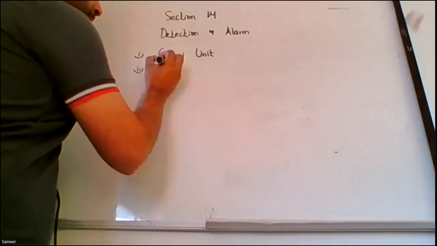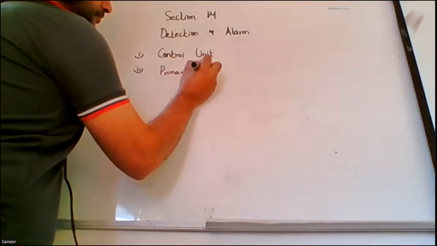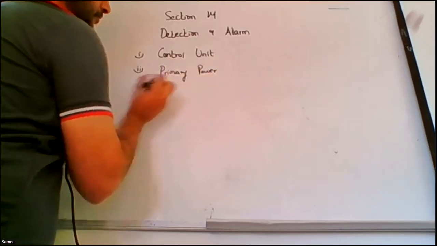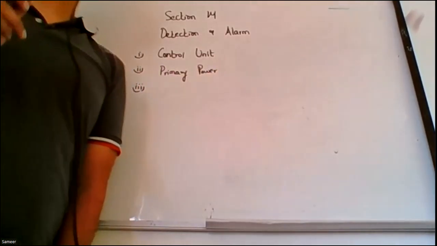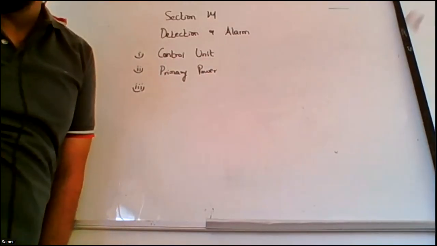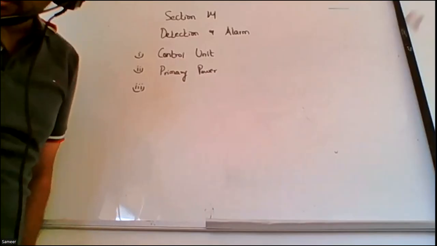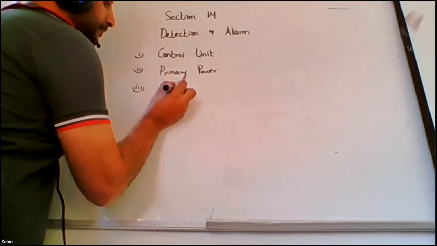Then we have a primary power supply. That is usually the power supply from the authorities, right? SEWA, in our case DEWA, the electricity and water authorities. Then we have the secondary power.